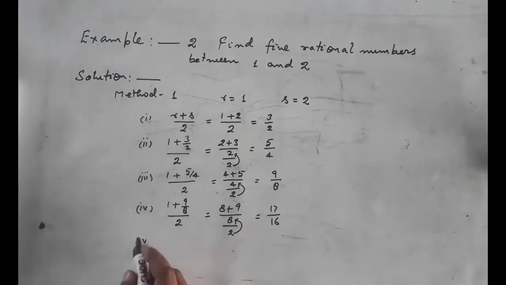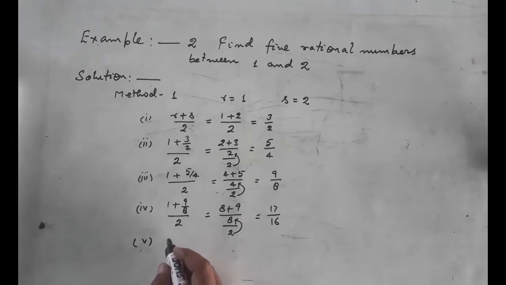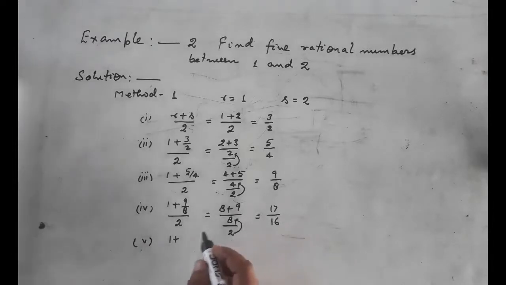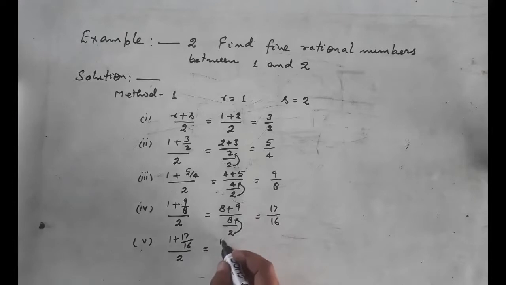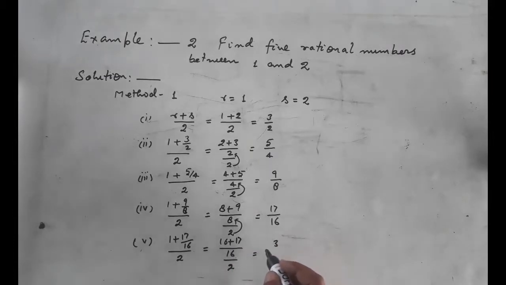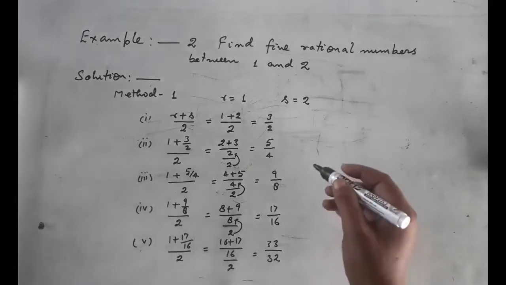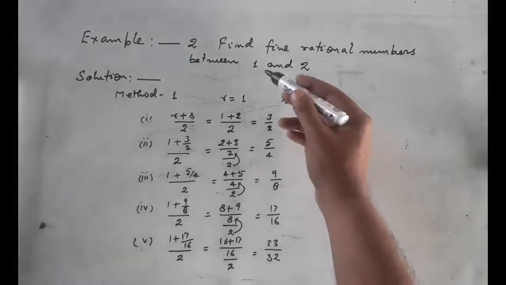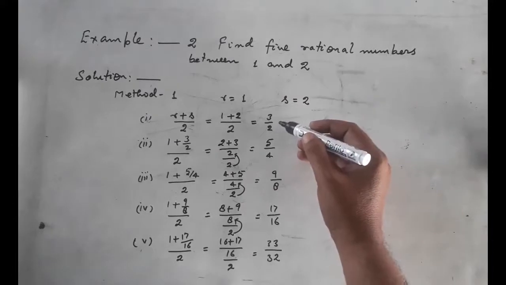Your fifth rational number is 1 plus your fourth rational number 17 by 16, whole divided by 2. 16 ones are 16 plus 17 divided by 16, whole divided by 2, that is 33 by 32. These are your numbers between 1 and 2 and these are your rational numbers.